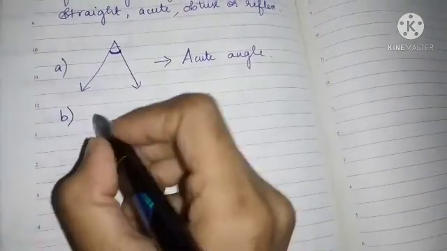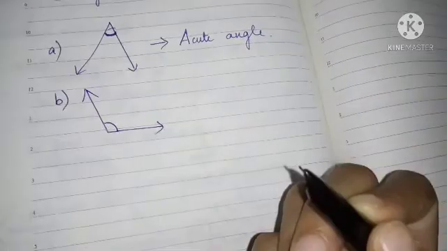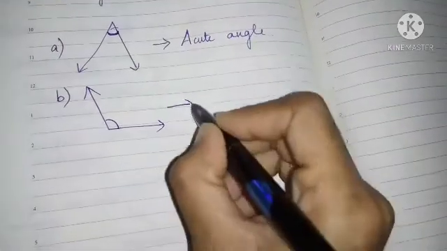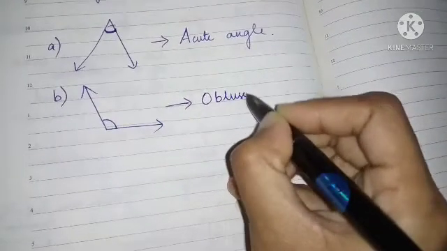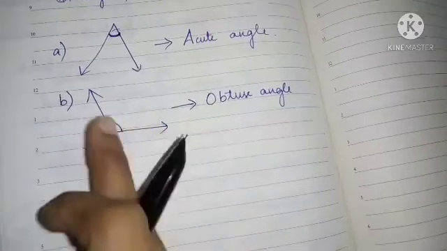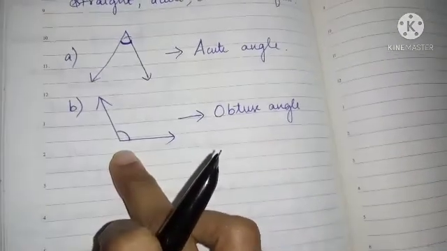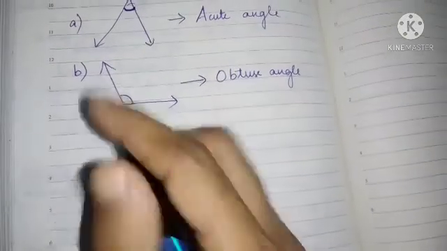Next, what is this angle called? Obtuse angle. Why? Because it is more than 90 degrees. 90 degrees means straight, so it is somewhat slanted, so it is more than 90 degrees. We call it obtuse angle.